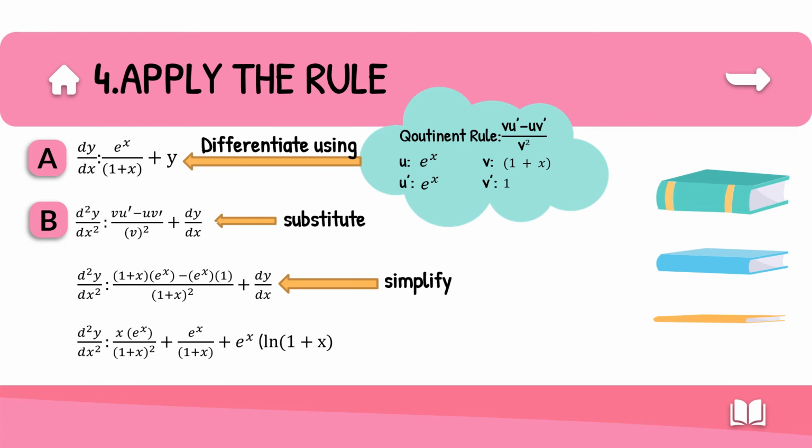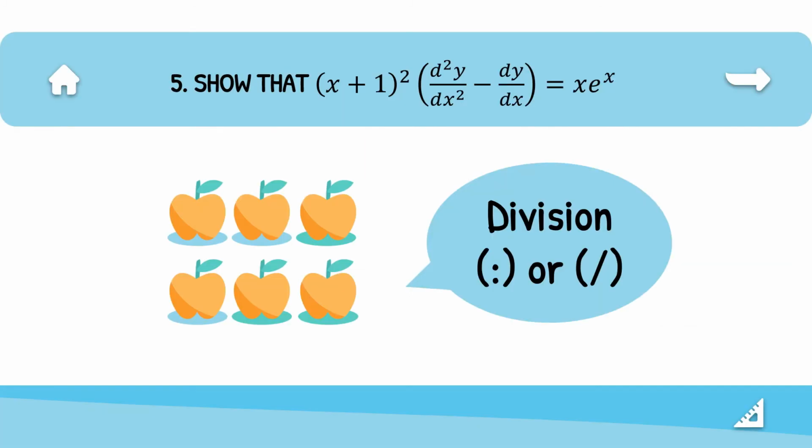Then solve the equation until it becomes e to the power of x multiplied by x over (1 plus x) squared, plus e to the power of x over 1 plus x, plus e to the power of x multiplied by ln(1 plus x).